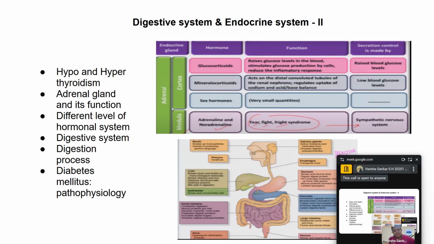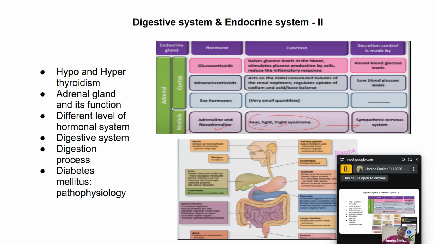Glucocorticoids are involved in activities related to glucose level maintenance in our body. They are mainly released for raising our blood glucose level upon activation whenever it is needed. Mineralocorticoids regulate low blood glucose level. And sex hormones were also mentioned.